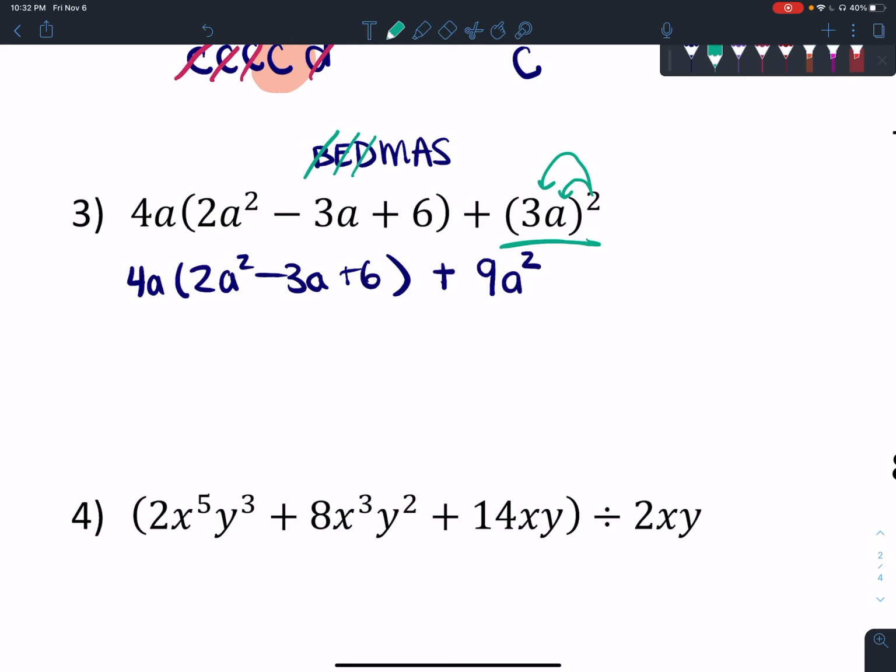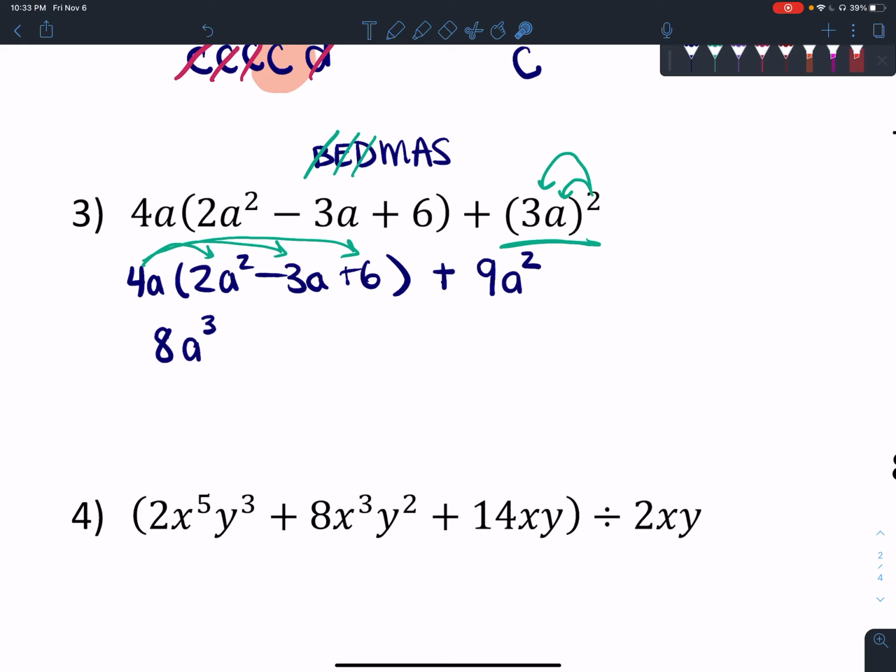Now, M for multiplication. We do have a multiplication. It's right over here, this level 1 multiplication. So we need to distribute that 4a to each term within those brackets. So 4a times 2a squared, we're going to get 8 from our 4 times 2. And then our letters times our letters. So our a times our a squared, that's going to give us a cubed.